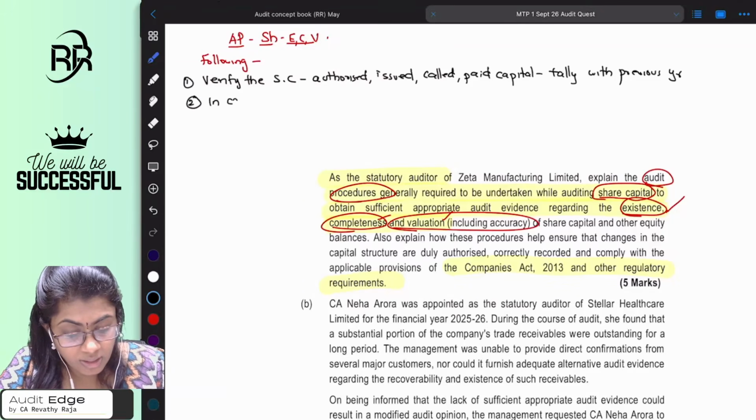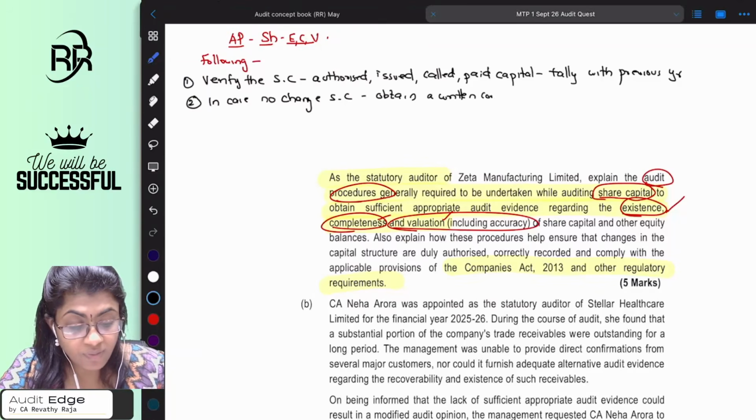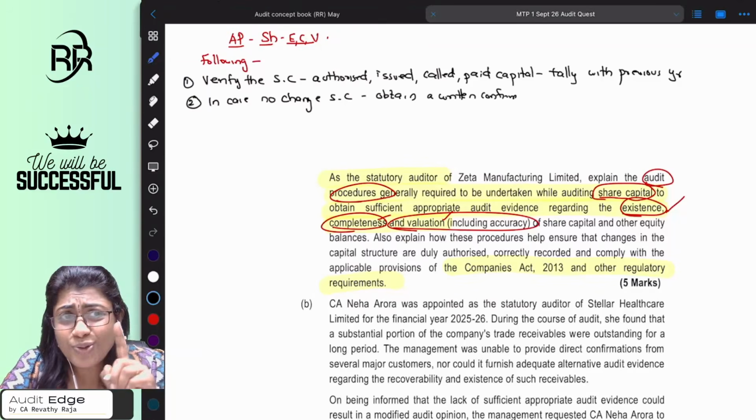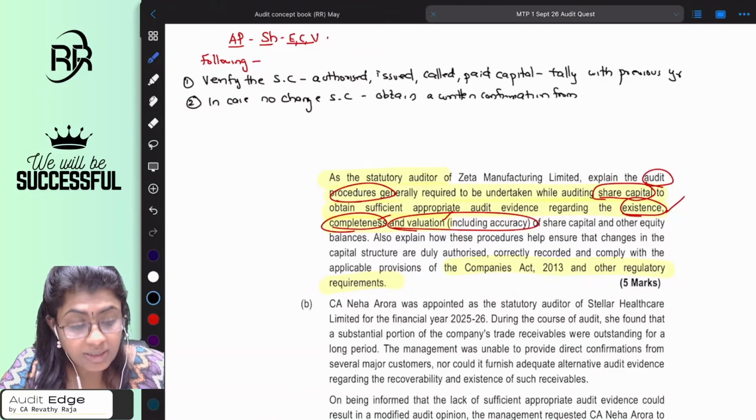Second, in case of no change in share capital, obtain, that's very important, obtain a written confirmation from whom? Is it management? No. Confirmation from the company secretary, okay, that there are no changes during the current year.